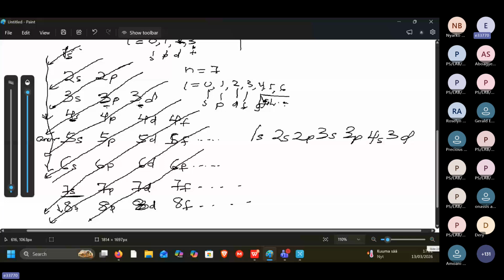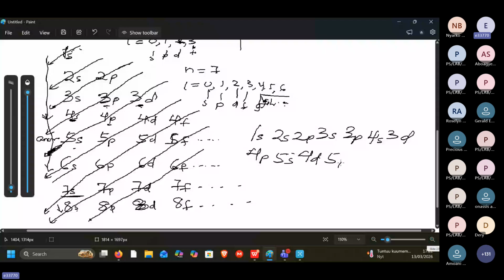Okay, so that's how the arrow is. Now, after 5s, I'm going back to 4d. So I'll go to 4d, then 5p, and then 6s.